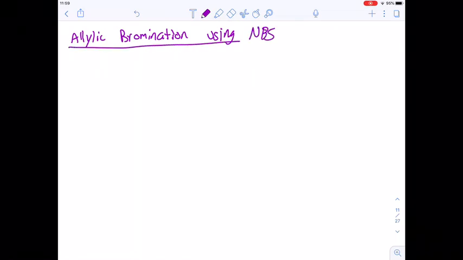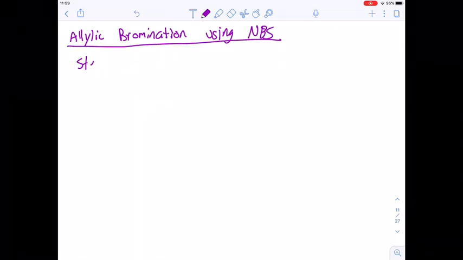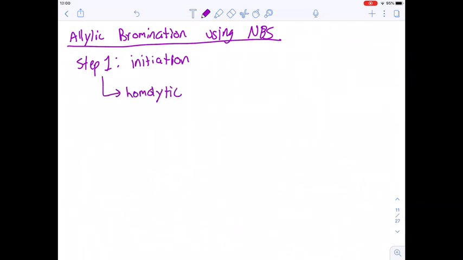Okay, so allylic bromination using NBS. Step 1 is the initiation step.